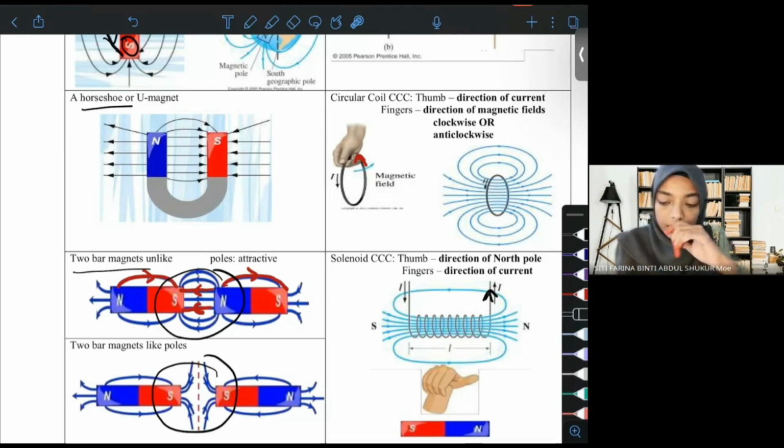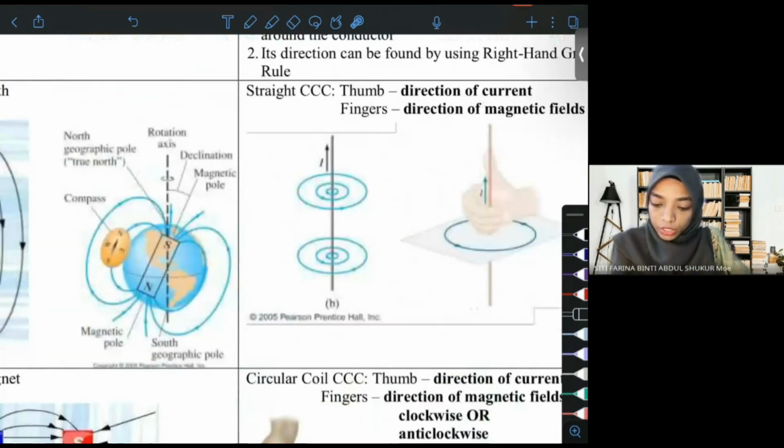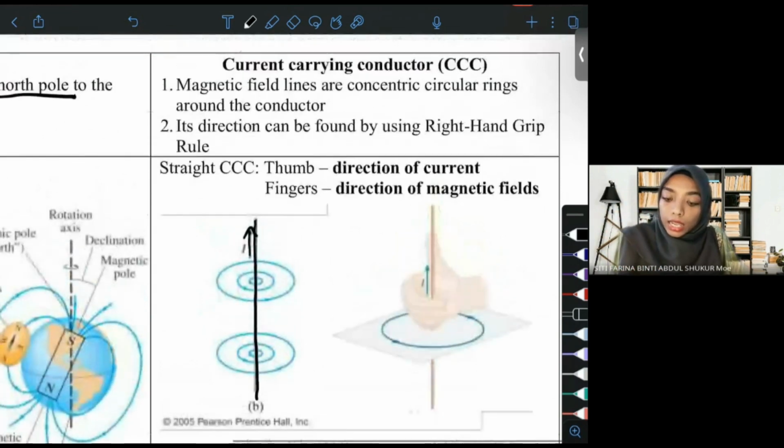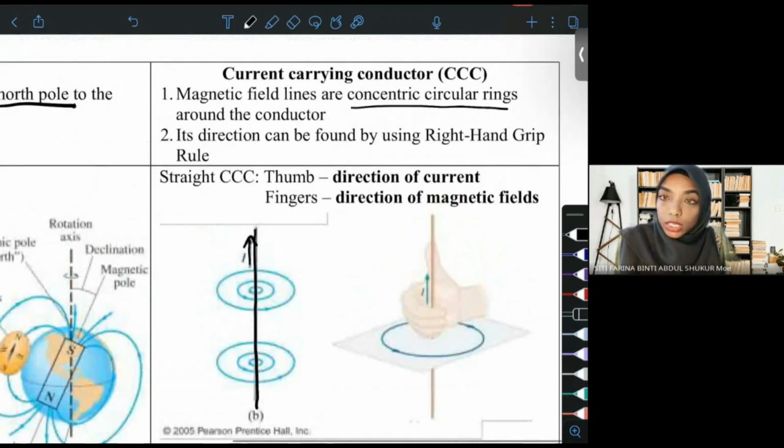Okay, so let's say now for example, you have this straight conductor. And in this conductor, ini conductor kamu ada current, direction dia ke atas. Dan kita tahu, when you have current in a conductor, you're going to have magnetic field, concentric circular rings around the conductor.